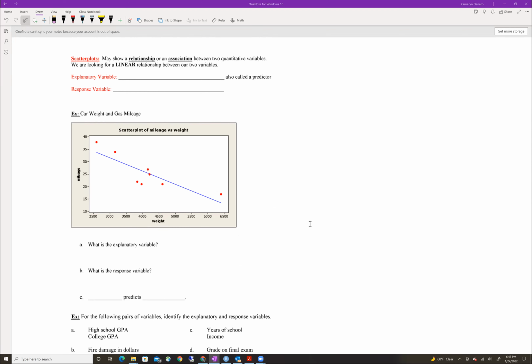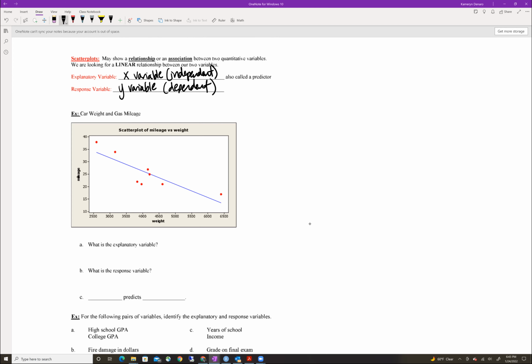So our explanatory variable is what we would traditionally call our X variable, or really our independent variable. And the response variable is our Y variable, which is our dependent variable. All right, so in this example, we have car weight and gas mileage.